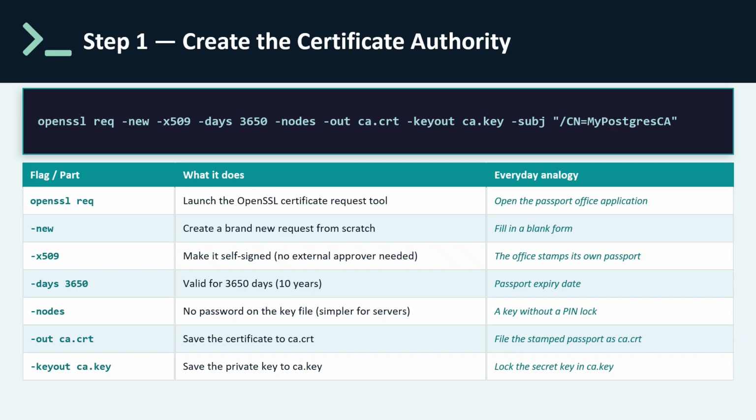We can also mention -days 3650, which makes it valid for 10 years. -nodes means no password for the key file, which is easier for automated servers. -out ca.crt saves the certificate to a file called ca.crt. -keyout ca.key saves the secret key to ca.key. After this command, you'll have two files, ca.crt and ca.key.